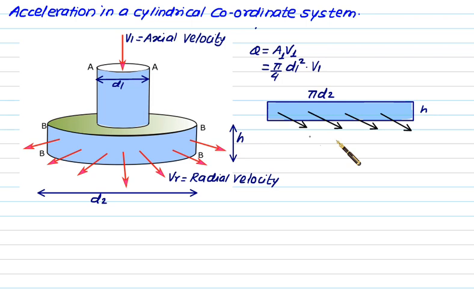By the law of conservation of mass, the discharge Q remains constant for incompressible flow, and we have Q equal to area, pi into d2 into h, times Vr.